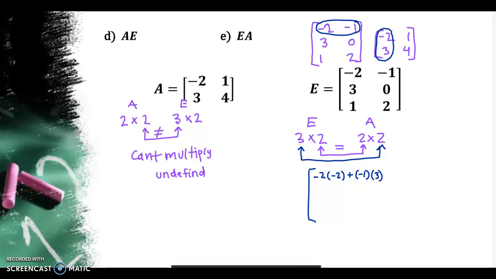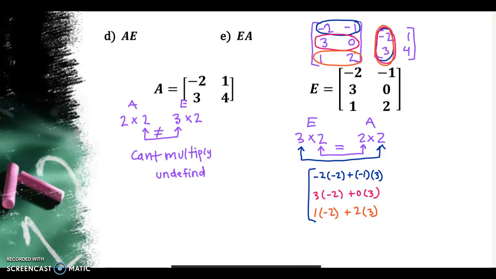The entry in my second row and first column is going to be 3 times -2 plus 0 times 3. The entry in my third row and first column is 1 times -2 plus 2 times 3.